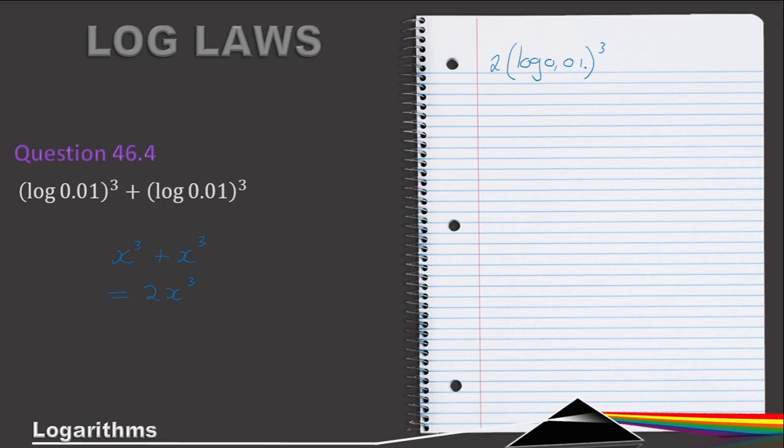Another thing I remember in maths is it's easier to work with fractions than decimals. So when you see a decimal, just convert it to a fraction. So let's do that. Log 1 over 100 to the power 3. There we have 100, so let's take that to 10 squared.